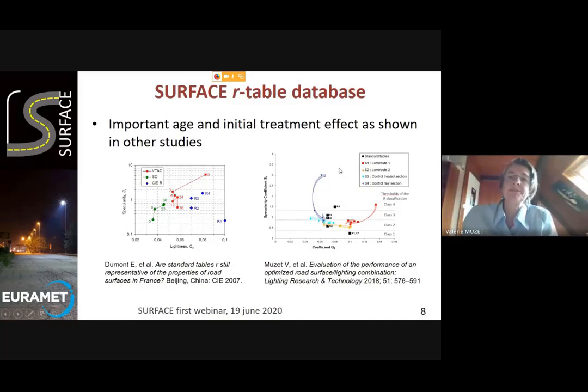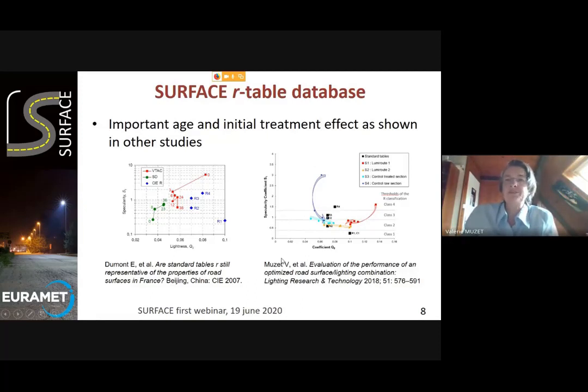In another study, you have here in blue a classic very thin asphalt concrete, and again we present the effect of time, and you also see an important decrease of specularity with time. Those two pavements were really raw pavements, and you see this decrease.